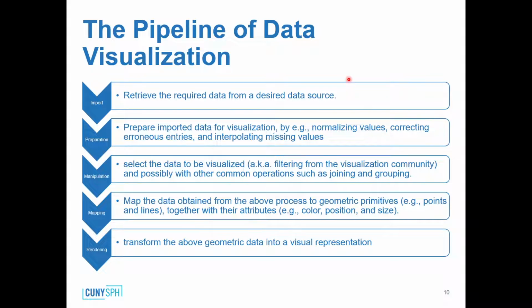The second step is the preparation, because even if we are able to retrieve, to import the data into our system, sometimes we don't have values that are normalized. And I remember when I was doing a multi-country study and we were measuring glucose, some countries measure the glucose in millimoles and the others measure the glucose in grams per deciliter.